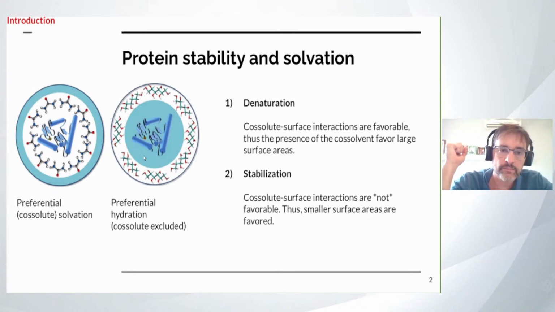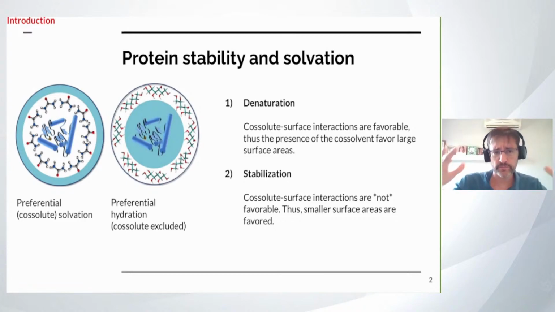There is a depletion of this co-solvent from the region vicinal to the surface of the protein, and since the protein surface does not want to interact with the co-solvent, its presence favors structures with a more globular form and smaller surface areas. Therefore, there are co-solvents that, by avoiding interaction with the protein surface, promote the stabilization of the folded structures, which in general have smaller surface areas. So this is the general picture.